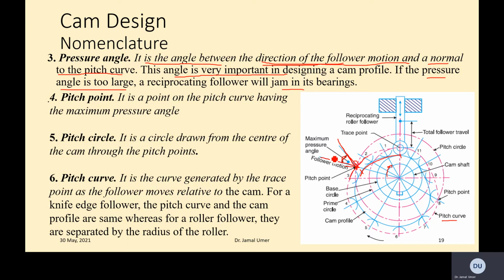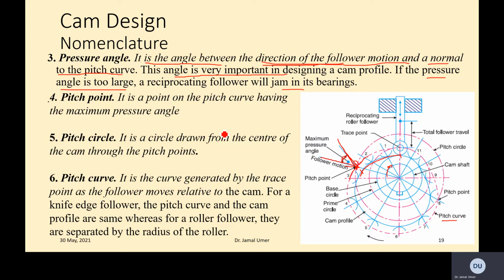If this angle is large, the follower has to go quite straight up. If the slope is low, it is easy to climb, but if the slope is high, it is difficult to climb. So if you have designed the cam and the angle is really high, there is always a possibility that the reciprocating follower will jam in its bearing, so it will not operate because it is unable to climb up. That's why the pressure angle is quite important.